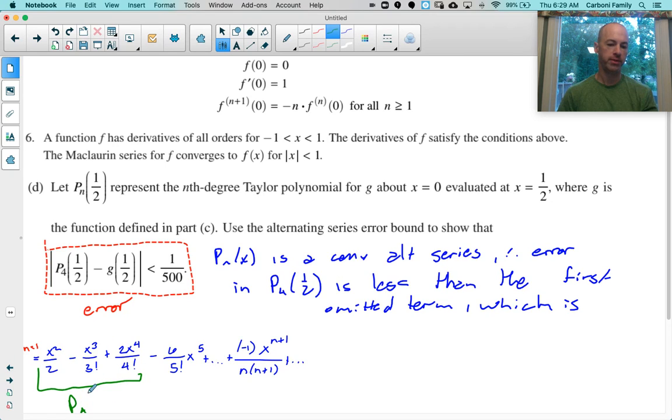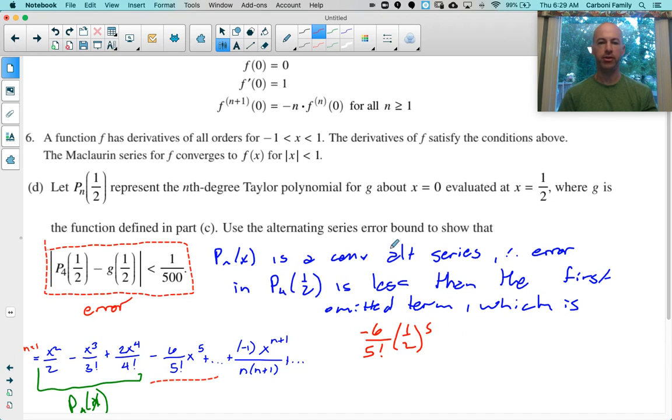Those represent the fourth degree Taylor polynomial. And my first omitted term would be -6 over 5 factorial times x to the fifth. And I am plugging in 1/2 for that x. So it's going to be -6 over 5 factorial times 1/2 to the fifth.